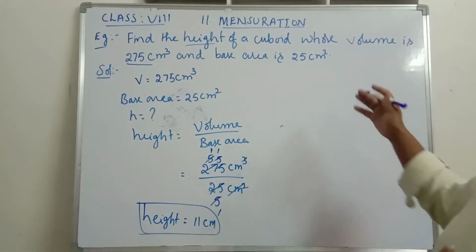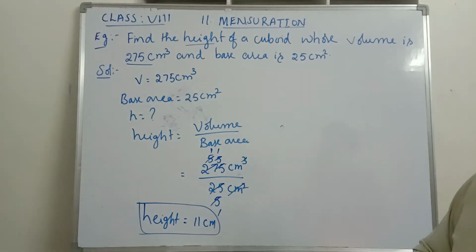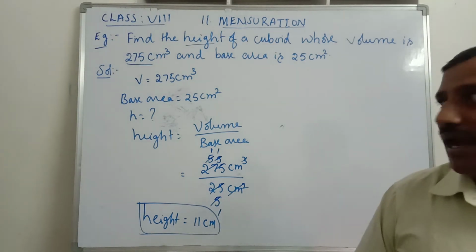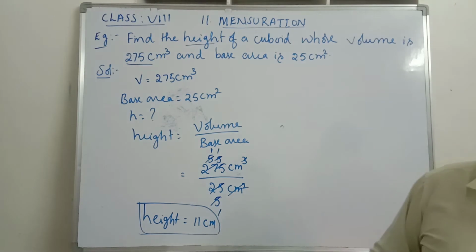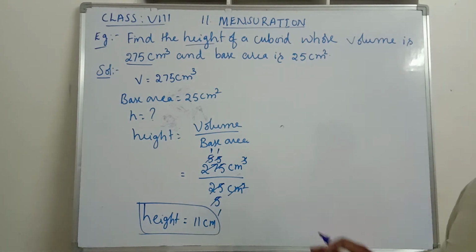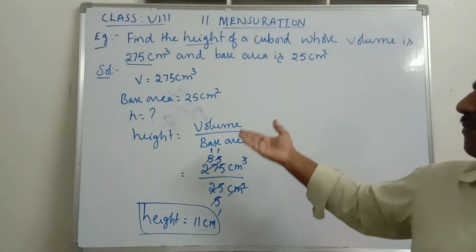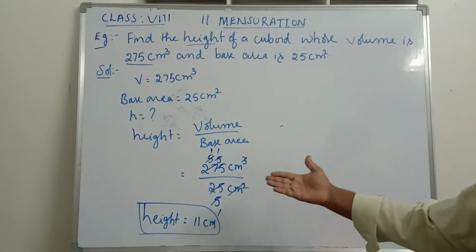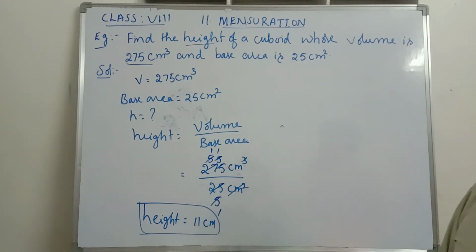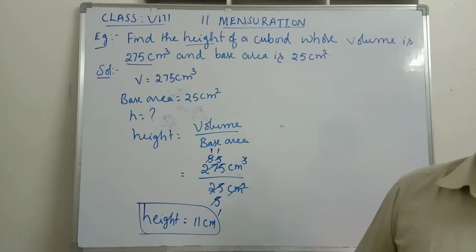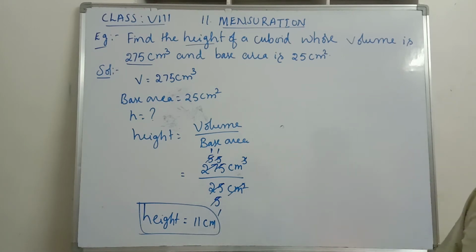Like this we can also find for the cylinder, and for a cube in a similar way. Is it clear, children, how to find the height of the cuboid when volume and base area are given? Divide the volume of the cuboid by the base area. We will get the height of the cuboid, which is 11 centimeters.